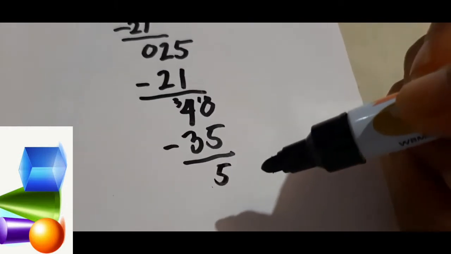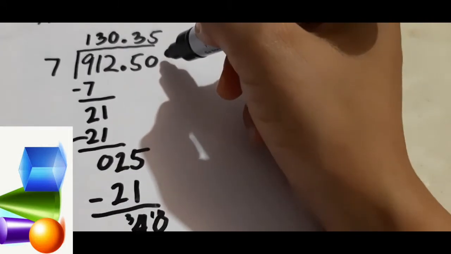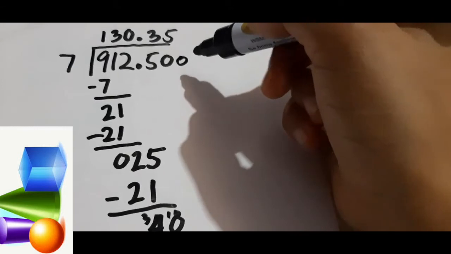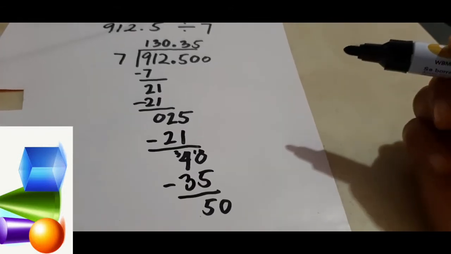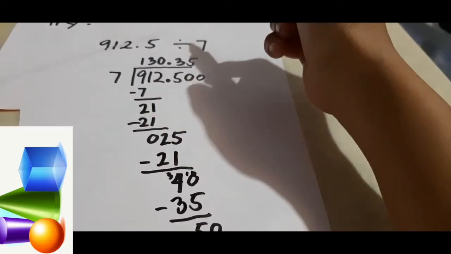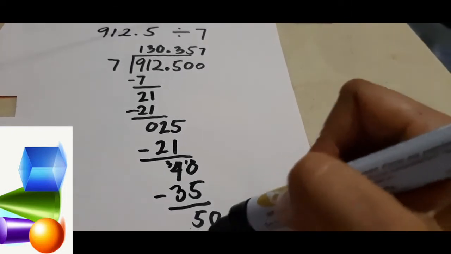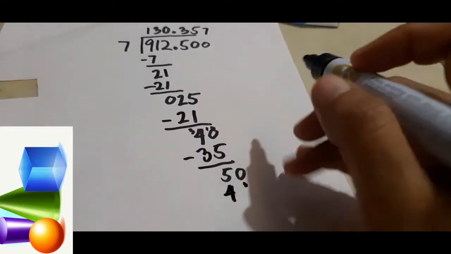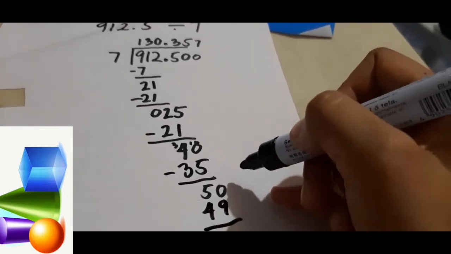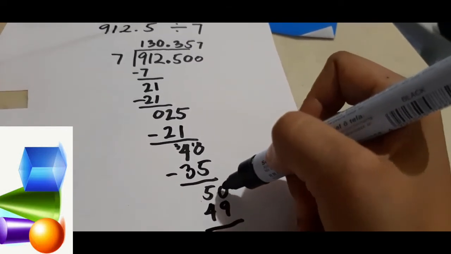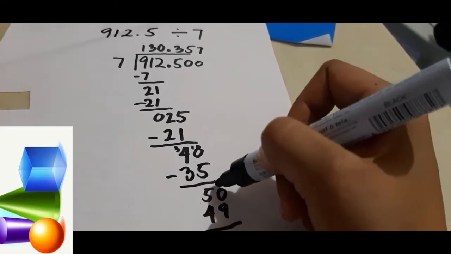So 5 divided by 7 cannot be, so we need to add more 0 here. Then bring down 0. Now 50 divided by 7 equals 7. 7 times 7 equals 49. Then 0 minus 9 cannot be, so we need to borrow 1 from 5, so it becomes 10.